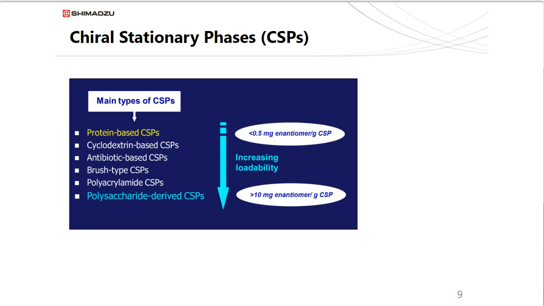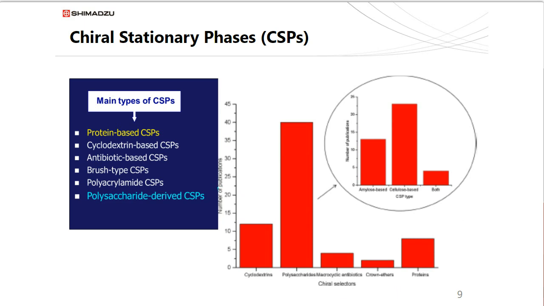You'll notice, as I'm showing here, the elutability increases as you're going down this line, where the polysaccharides tend to have the largest eluting capacity and makes them the most viable choice for today's pharmaceutical customer. If we actually break that down a little bit further, polysaccharides are based into amylose and cellulose-based polysaccharides. We're going to talk a little bit more about both of these in the next slide.